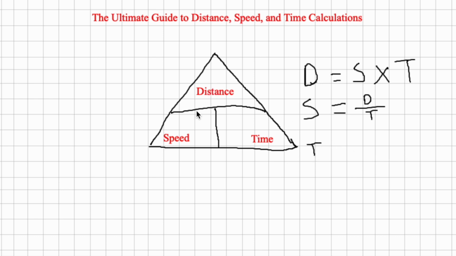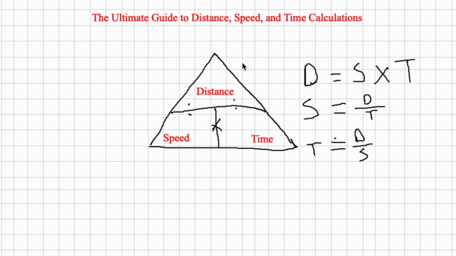Okay, and if you want to find time, it would be distance divided by speed. Basically these lines mean divide, and this means times. It's important to remember this because it's pretty much everywhere in your exams.